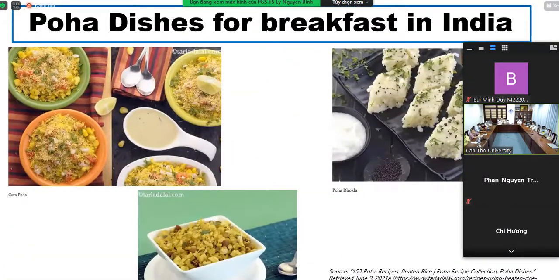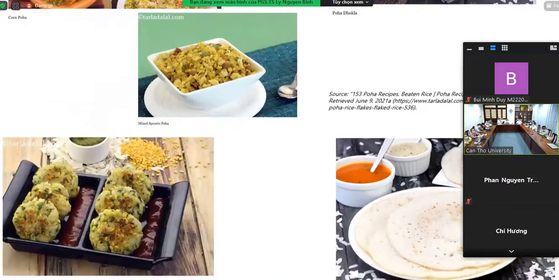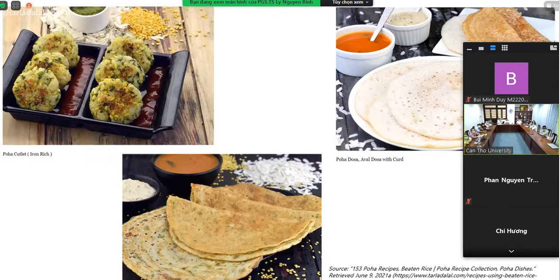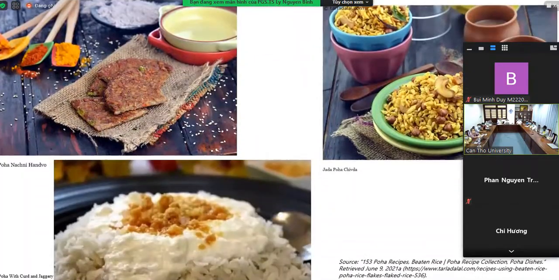Now, lastly, I want to show you the poha dishes we can make in India. There are so many, but I just chose some to give an idea about the different types of dishes. So here it is: corn poha, poha dhokla, mixed sprouts poha, poha cutlet, poha dosa, poha yellow moong dal, poha nachni, poha chura, and the last one is poha with curd and jaggery, which is very famous in our region.